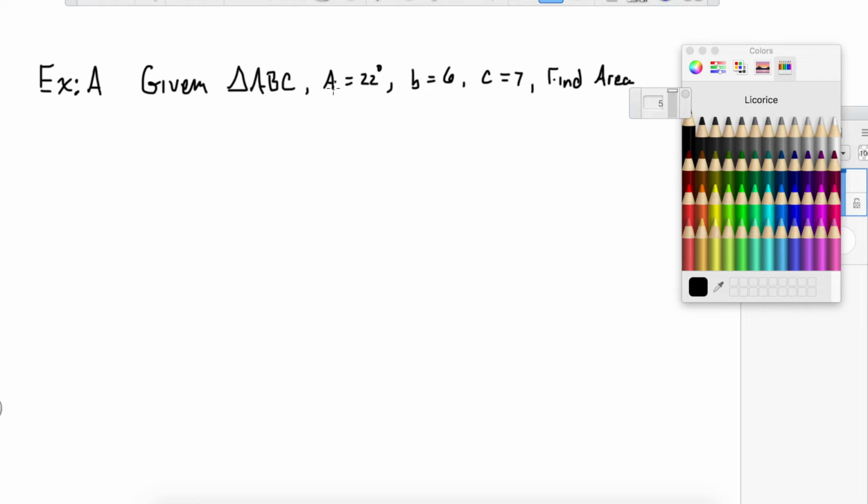Okay, so A is 22. B and C are making angle A. So angle A is included between B and C. So I'm going to use the BC sine A equation. Area equals 1/2 BC sine A. And we just substitute it in. So 1/2 times 6 times 7 times sine 22.